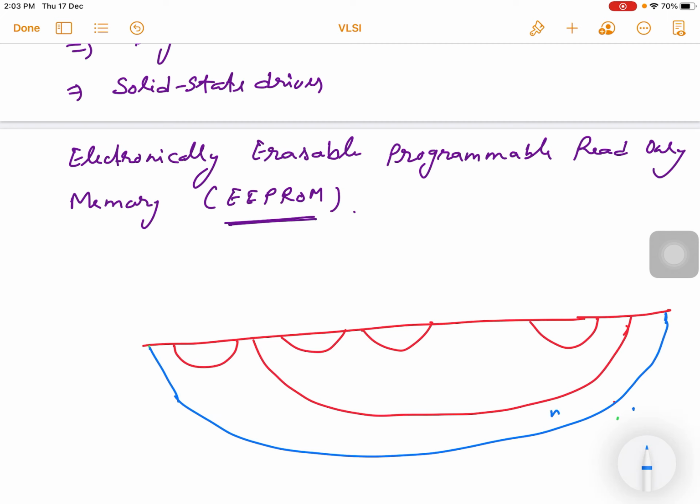This is N well, this is P well, this is N plus region, P plus region, N plus region, N plus region, and here we have designed this floating gate. So, this is a floating gate.